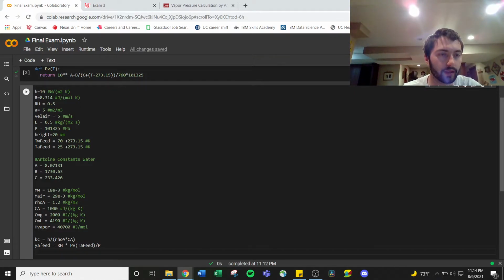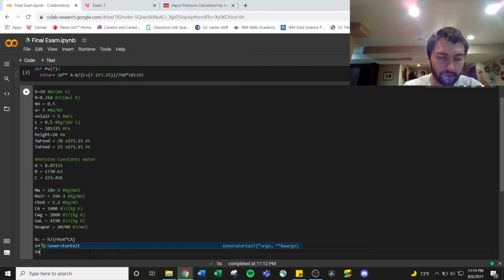so we have our liquid flow rate, 0.5, so we still need to get our gas flow rate. I think I forgot to put that number in. Oh no, the velocity of the air is 5. So we want the flow rate in kilograms per meter squared per second.